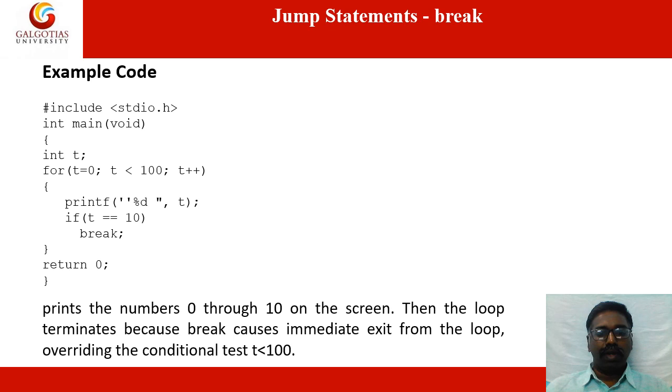That's why it is going to print from 0 to 10 on the screen. Then the loop gets terminated, because if t is equal to 10, we are giving a break statement here. So we can see the output here from 0 to 10 it will display, and then if t equal to 10 we are having a break statement. So what happened? It will go out of the for loop.